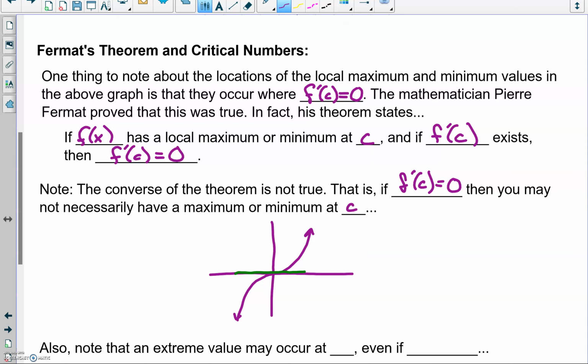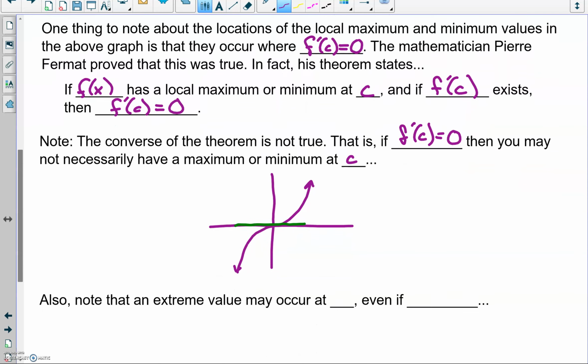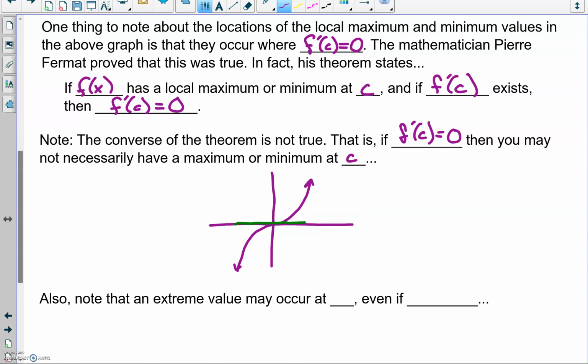If you are going to have a local maximum, then it will have a derivative equal to 0, but the derivative equal to 0 isn't always enough to lock you into a local maximum. You have to look at it a little more and make sure that you're going up on one side and down on the other, or maybe down to a minimum and then back up.